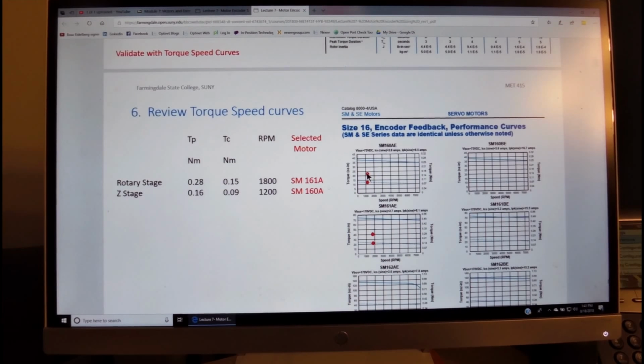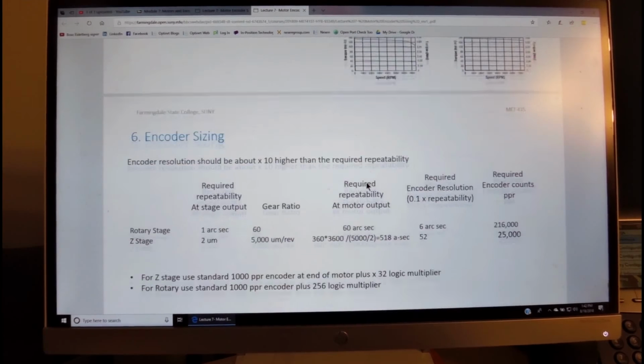This point, the peak torque, has to be less than the rated peak torque, and this continuous point has to be on or less than the rated torque. Now, since we have a factor of safety of 2, we are good at this location.